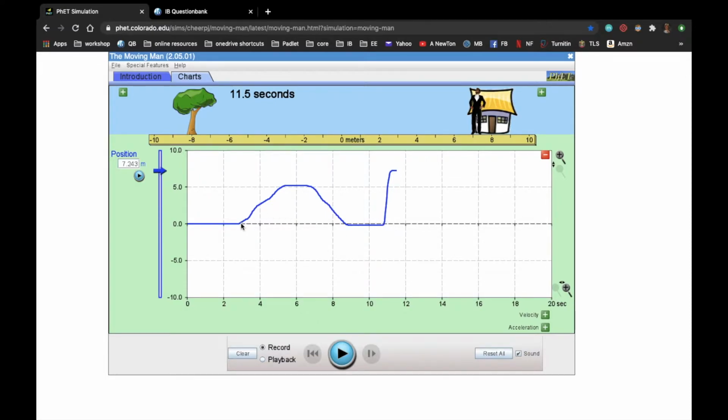So in the first case, from 0 to 5 meters, this change happened in a time of about 2 seconds, from like 3 to 5 seconds. But now I moved him very fast, so the change happened in less than 1 second. So this is the part where he was moving much faster. This is the part when he was moving slower.